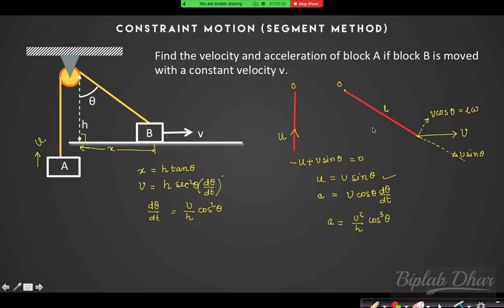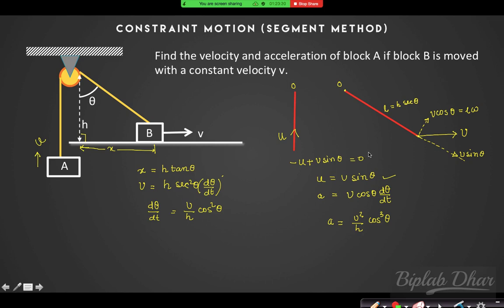Do you remember the circular motion equations? V equal to R omega. So here the radius is L, and L is equal to H sec theta. So what is omega? Omega is equal to V cos theta by L. You will find the same thing, V by H into cos square theta.